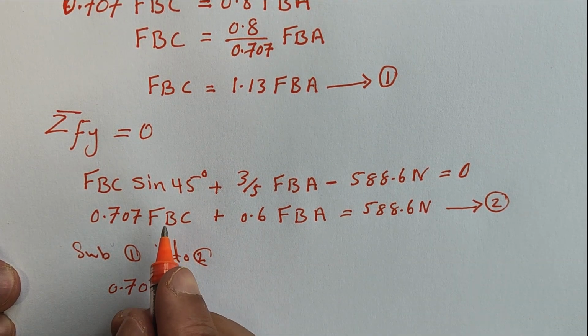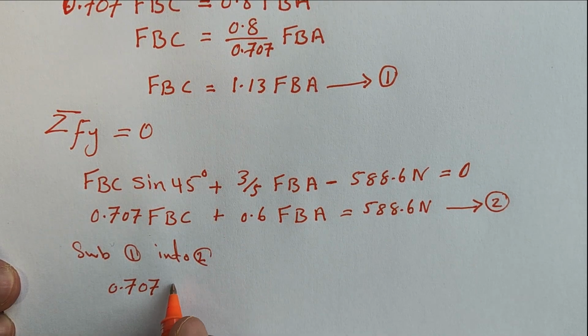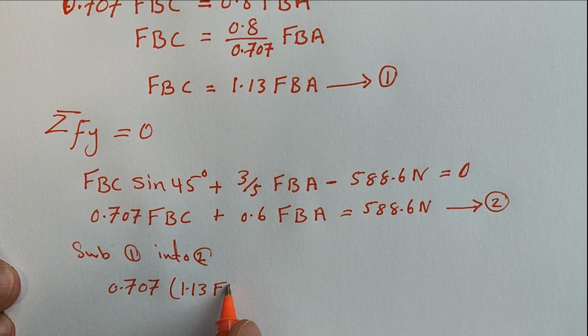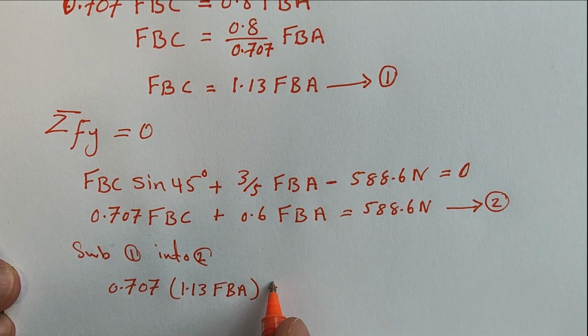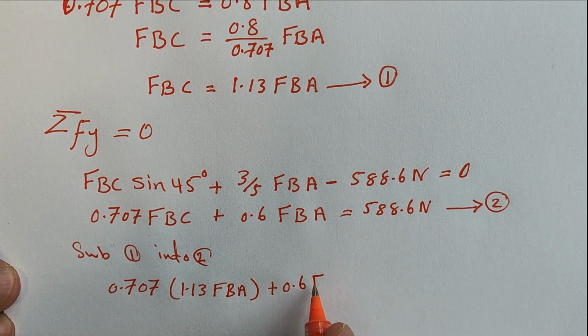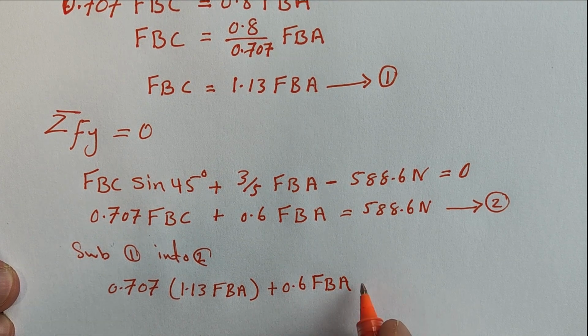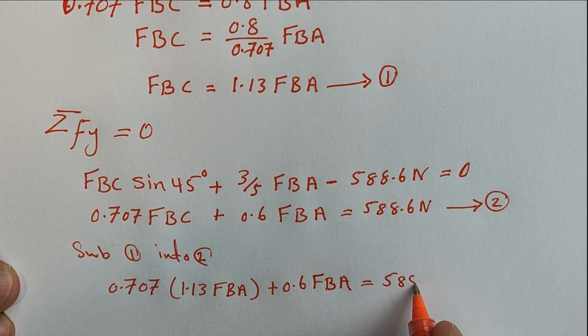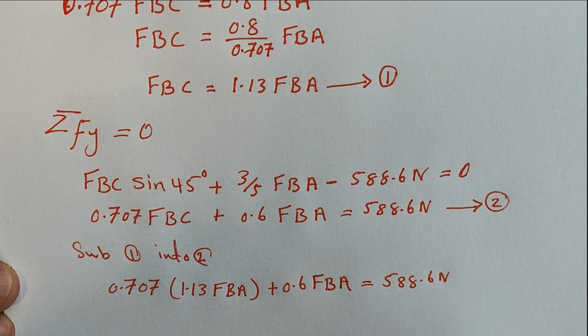0.707 times 1.13 FBA plus 0.6 FBA equal to 588.6 Newton.